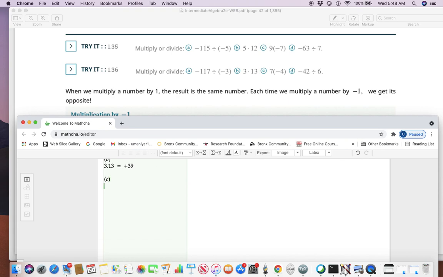C. 7 parentheses negative 4. This is the same as 7 times negative 4. Positive times negative is negative 28. D. Negative 42 divided by 6.